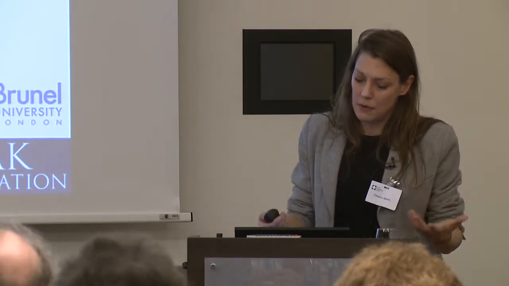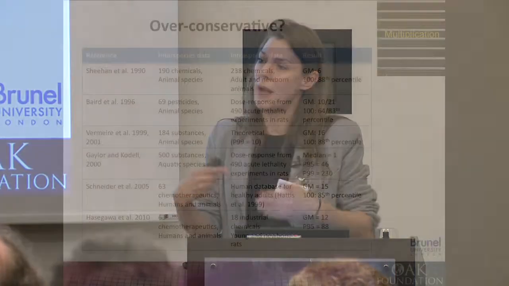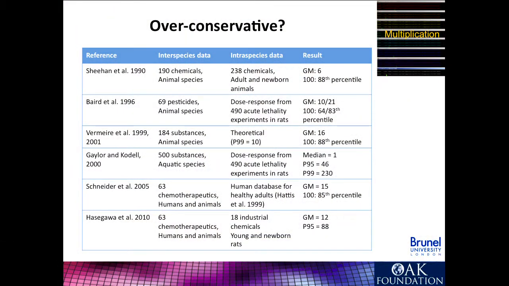So the other idea is because if you take a value that's somewhat conservative for the differences between animals to humans, and then you take another value that's somewhat conservative for the differences within the general population, then you compound conservatism when you multiply those, and you end up having something that's far too conservative.